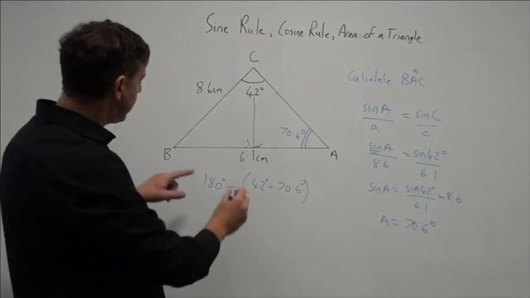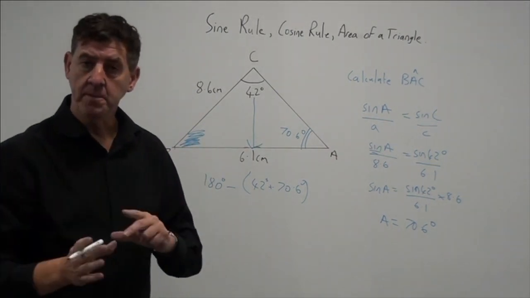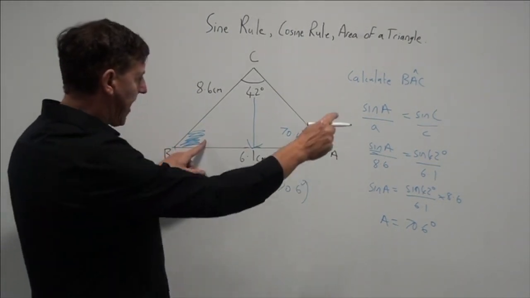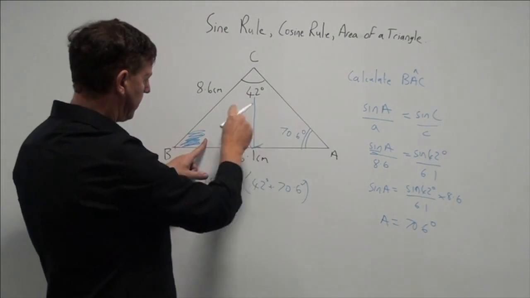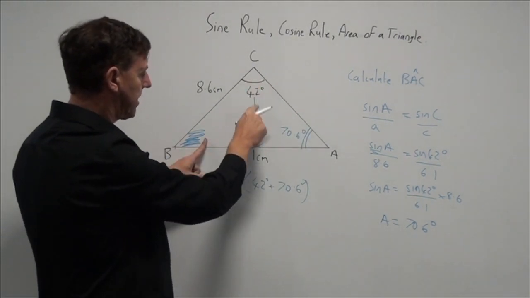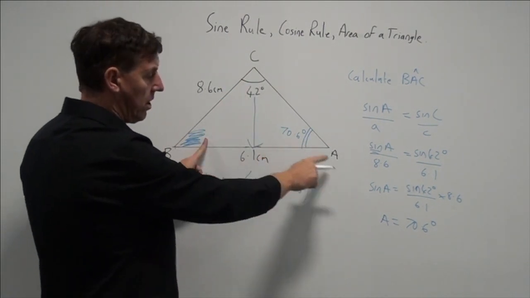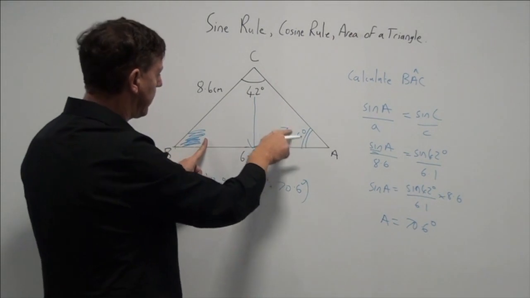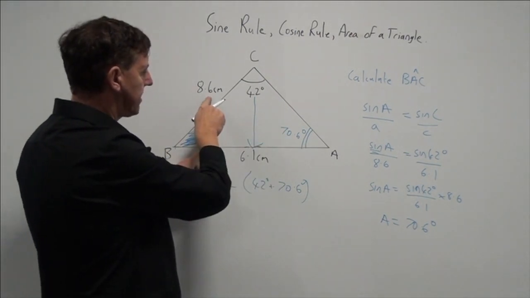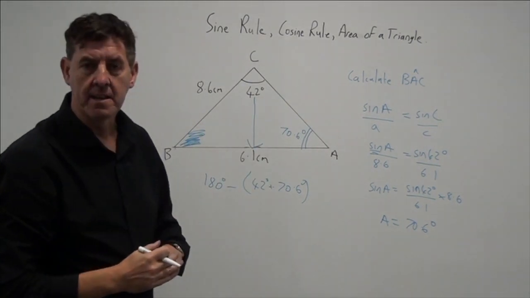That will give me this angle here. And then I've got opposites. I want that side, so I've got its partner angle, and it doesn't matter which one I use. I'd probably use the C, the 6.1 with the 42, or I could, if I wanted to, use the 70.6 that I've calculated with the 8.6, and that would give me that missing side in there.